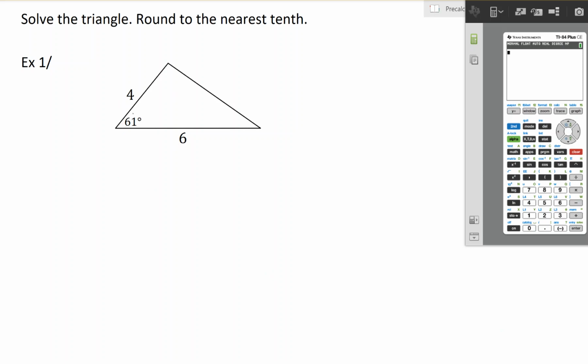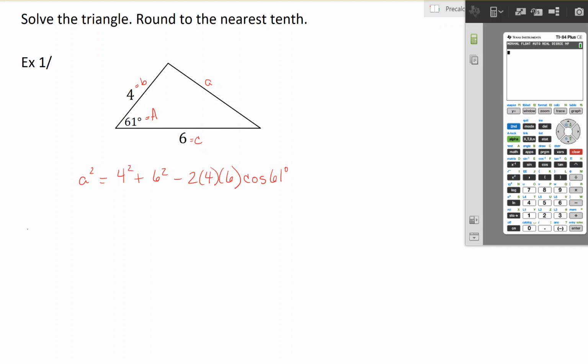So this is going to be the angle that I'm taking the cosine of, and I could use this here as my A. We'll just go ahead and label this B and C, and this is angle A. So our formula says that A squared is equal to B squared plus C squared minus 2 times B times C times the cosine of 61 degrees.